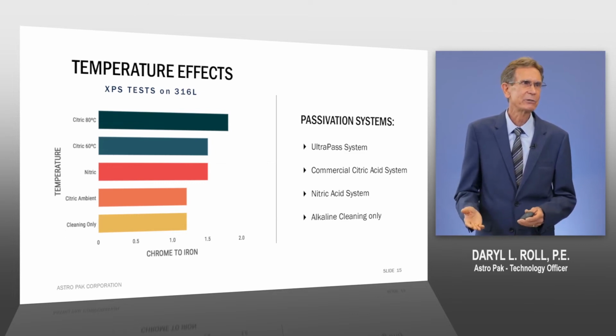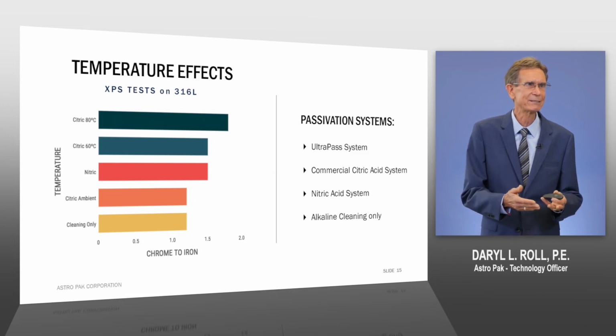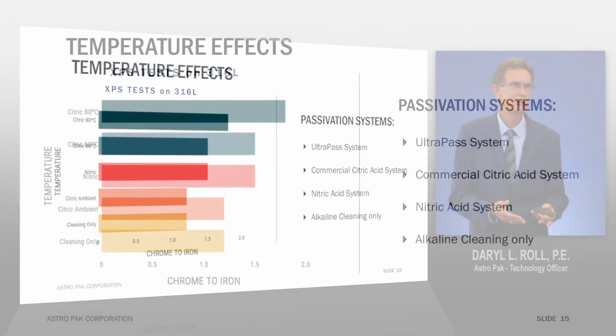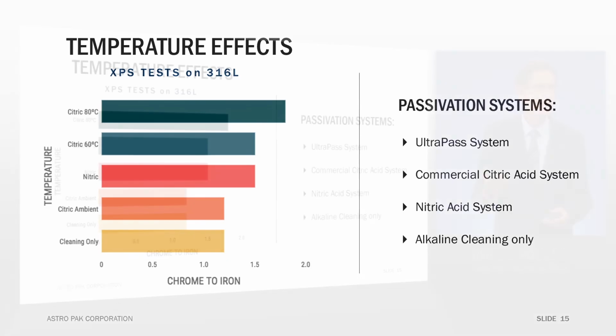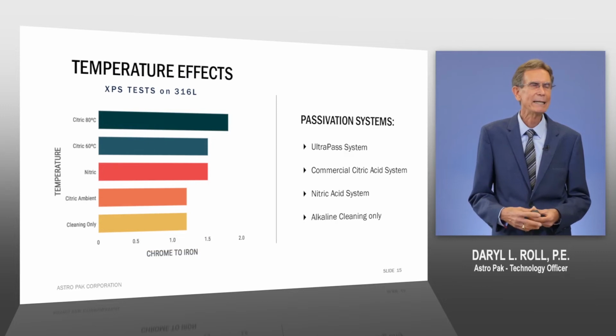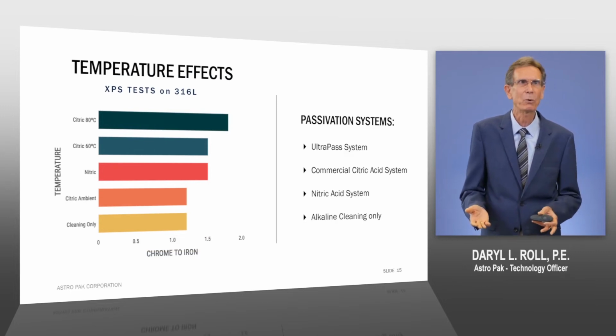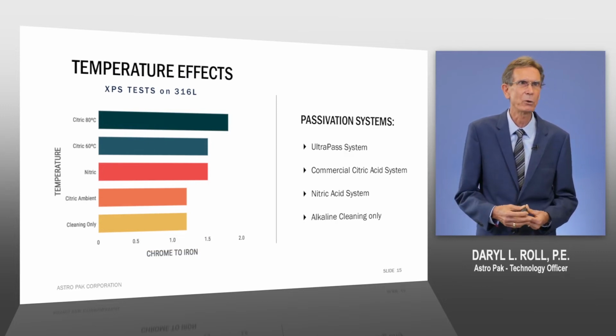And the citric acid at ambient only gets us a chrome to iron ratio of 1.2. But if we use the citric acid solution at a temperature of 60 degrees C, we then get results equal to nitric. They're both at around 1.5 chrome to iron ratio. Further, if we use the citric acid at 80 degrees C, we get the chrome to iron ratio up to 1.8 or as high as 2.0.